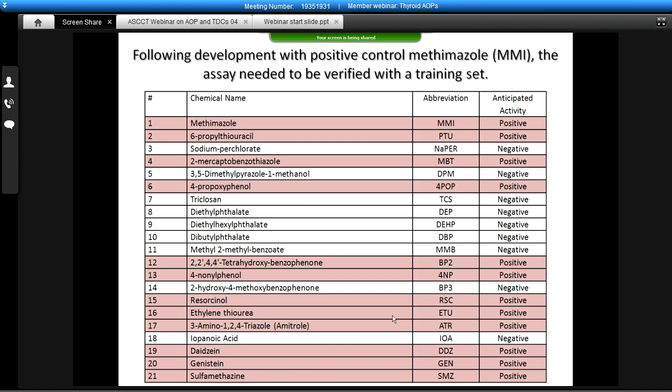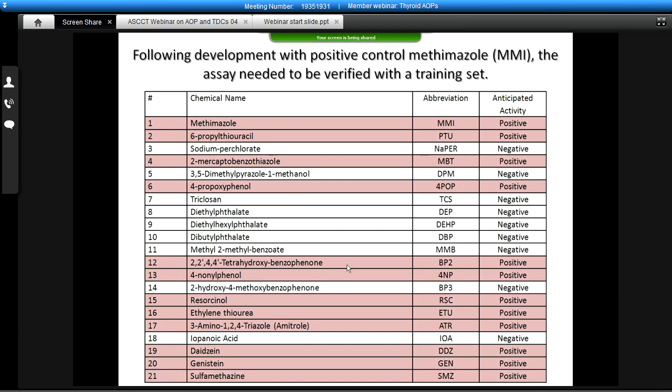I won't describe each of these in detail for now, but briefly, the positive chemicals included anti-hyperthyroidism drugs, methimazole and propylthiouracil. It included the rubber vulcanization agent that's a byproduct of tire production, mercaptobenzothiazole. It included estrogenic phenolic compounds, including propoxyphenol and nonylphenol.